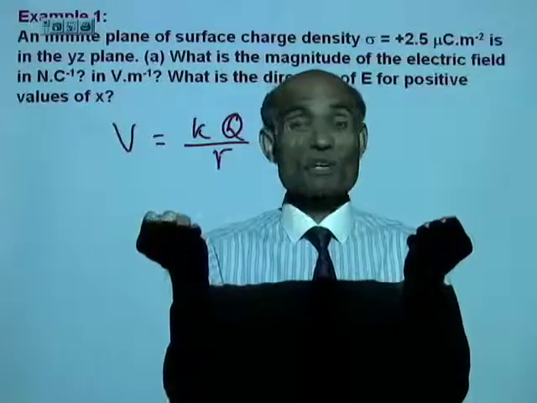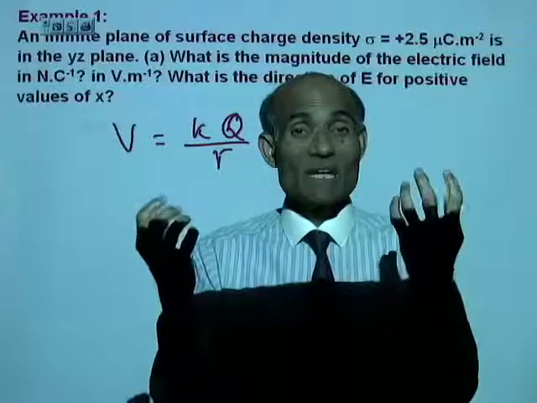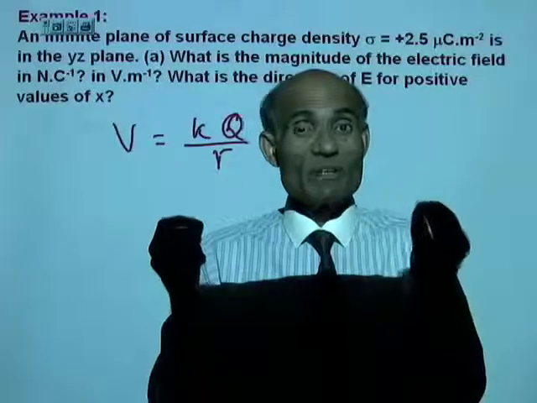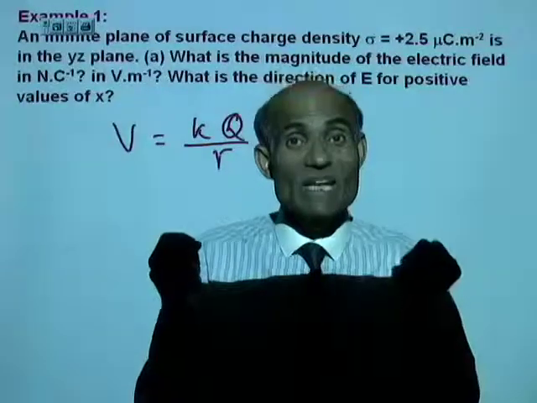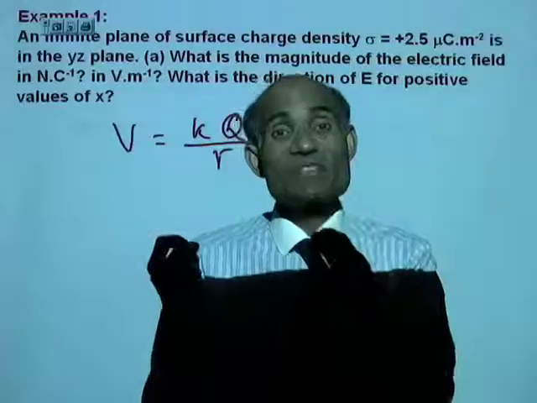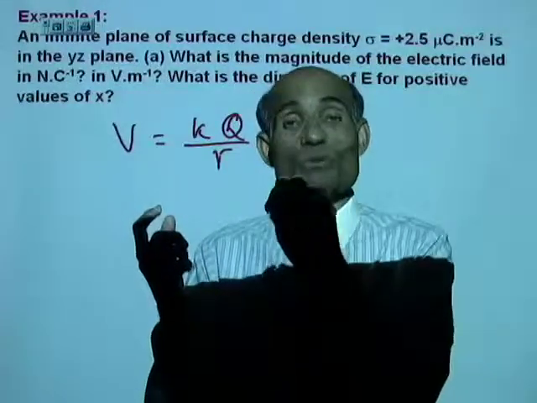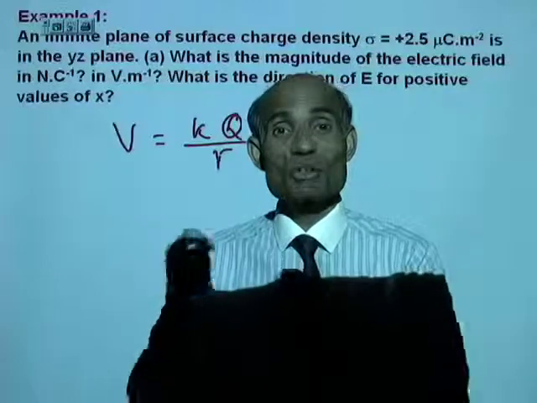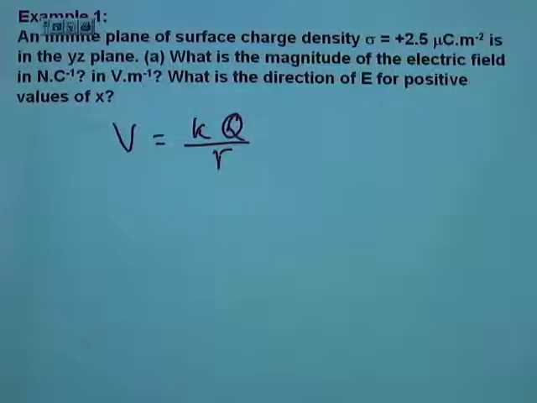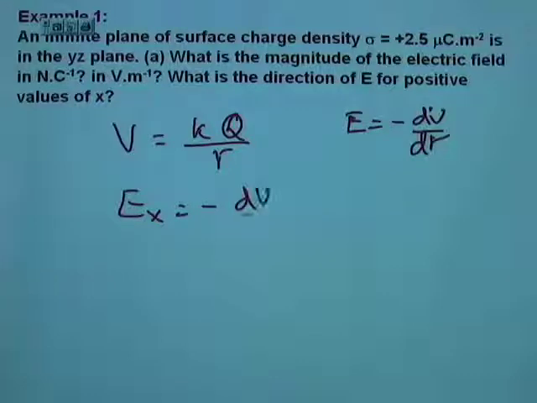Well, the famous equation we talked about yesterday: E, electric field, is the negative of the rate of change of potential, dV by dr. E equal to negative dV by dr. And when you write this specifically for the x direction, we will say Ex equal to negative dV over dx.